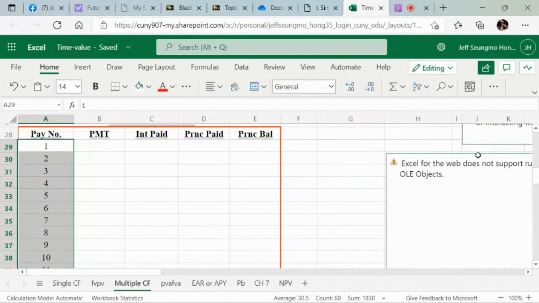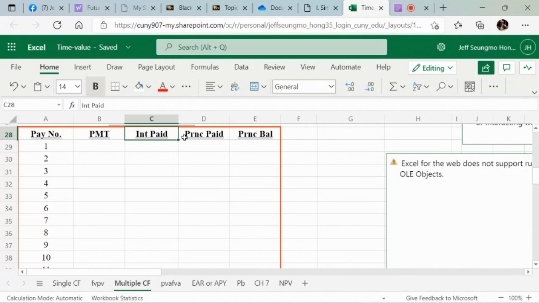That's payment number. So basically, an amortization schedule is a schedule that shows the breakdown of monthly payments into interest paid and principal paid, right?